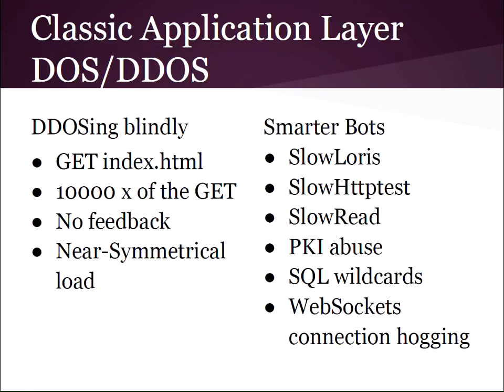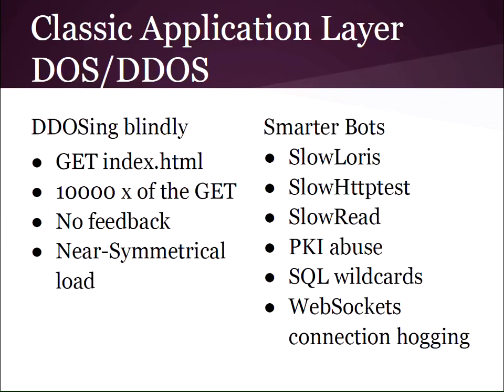So classical application layer, layer 7 DoS or DDoSes are, for us, divided into two subtypes. One is DDoSing blindly or semi-blindly. It's basically doing the GET request over and over on the index.html or some other resource.